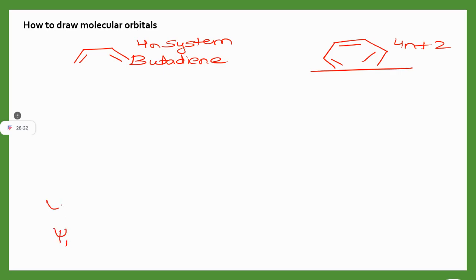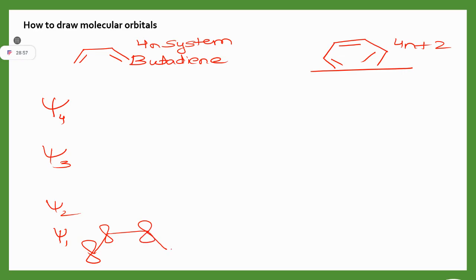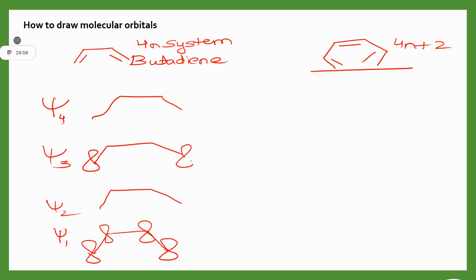Psi 1, psi 2, psi 3, psi 4. So if you draw all the molecular orbitals, you know very well that among these four orbitals, the main change is going to come in the end orbitals, right?